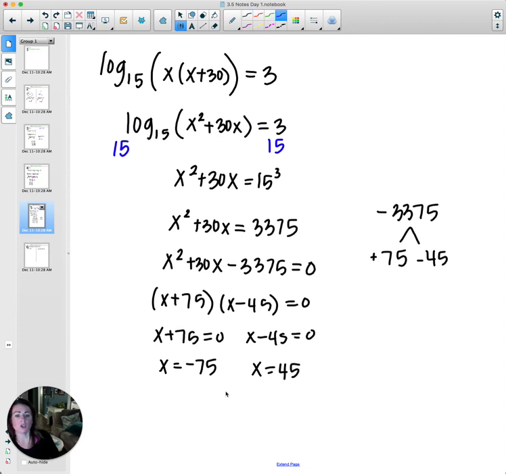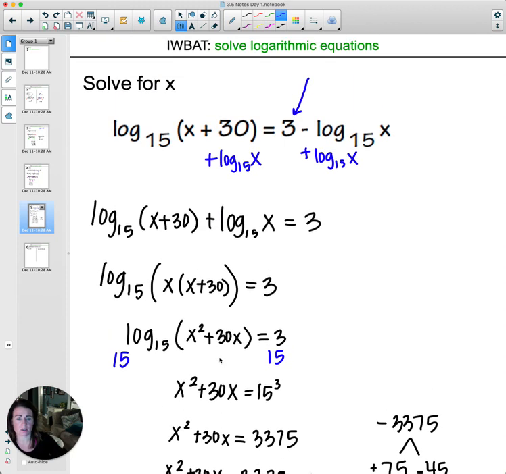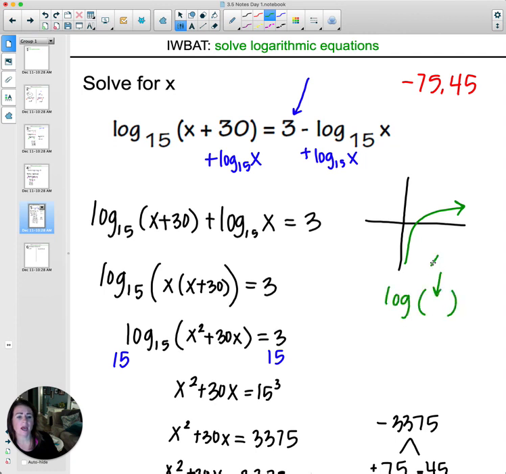Now, you want to check and make sure that you don't have an extraneous solution here. So we had negative 75 and positive 45. If you remember back to what the graph of a logarithm looks like, it looks like this. Because you can't have any negative inputs. When you do the log of a number, this number has to be greater than 0.